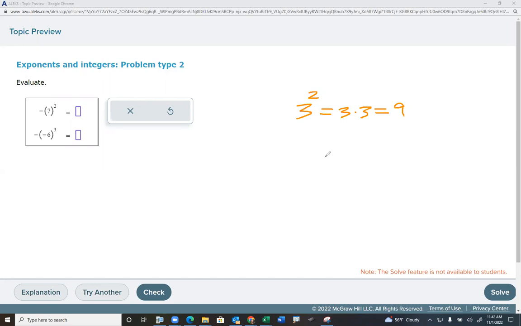Okay? So why do we do that? Well, because there are situations where you've got something like 2 to the 9th power. And it's like, well, I don't want to write 2 times 2 times 2 times 2 times 2, 1, 2, 3, 4, 5, 6, 7, 8 times 2.